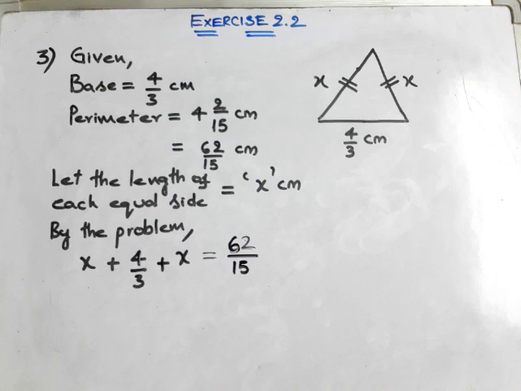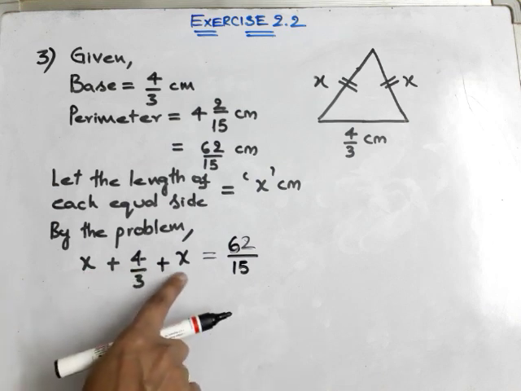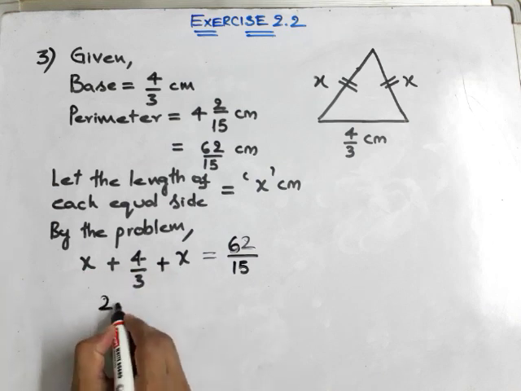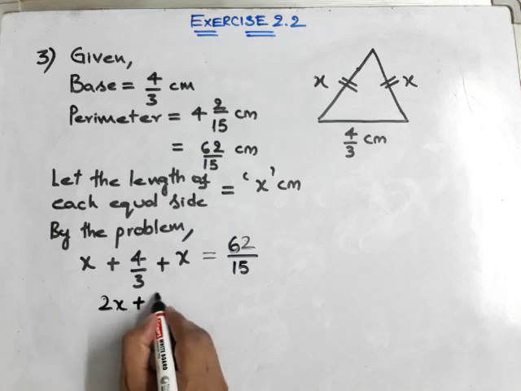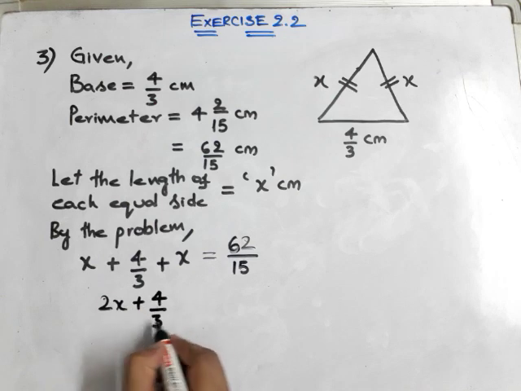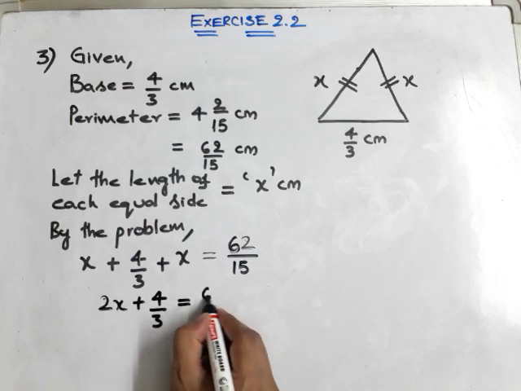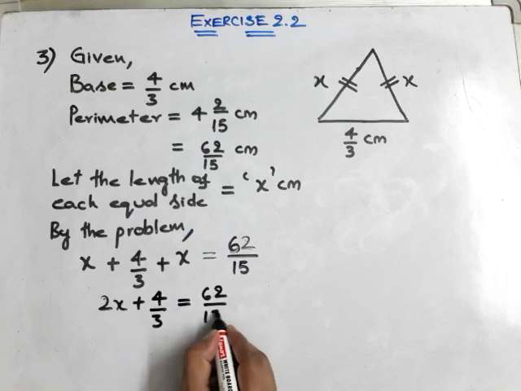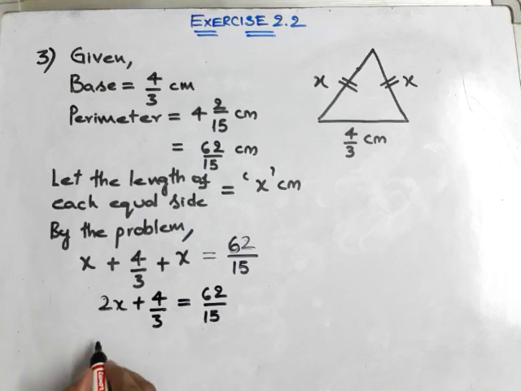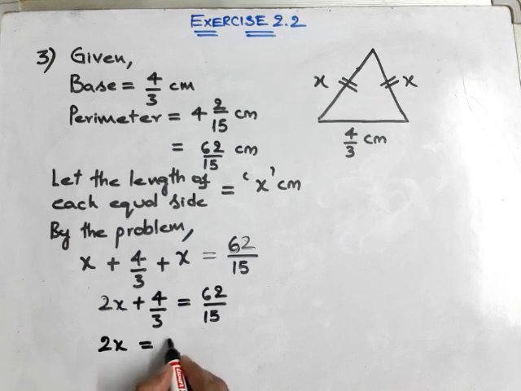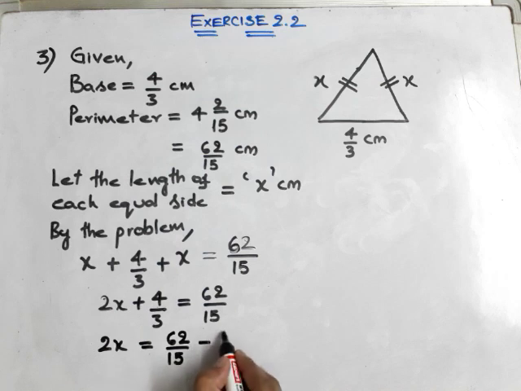Hope you are clear up to here. So x plus x is 2x, plus 4/3 is equal to 62/15. As we need the value of x, I am transposing this plus 4/3 to the other side: 62/15 minus 4/3.